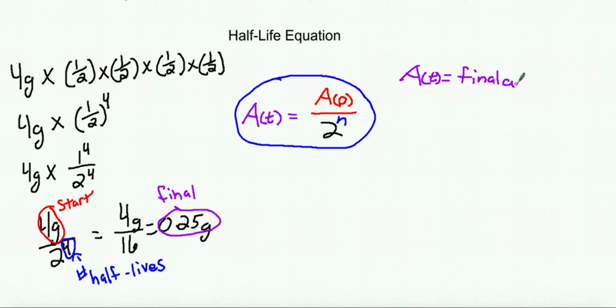So whatever mass unit or quantity we're using here, we'll make sure to keep that unit. Our A(0) is our amount at time 0, so basically what we're starting with. Half-life is always divided by 2, and n is going to be our number of half-lives. So how many times did this decay?